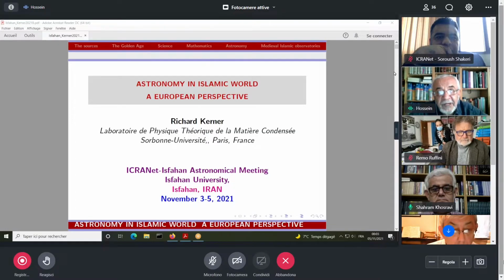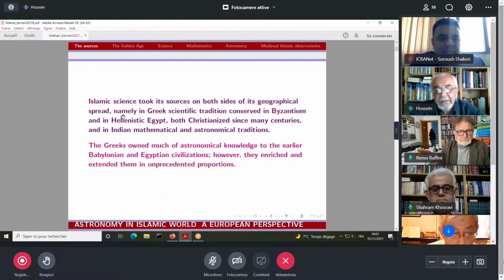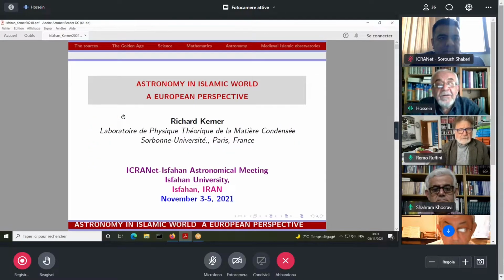The Arabic translation of this Greek text is also lost, and all we have today is a Latin translation made from the Arabic translation.